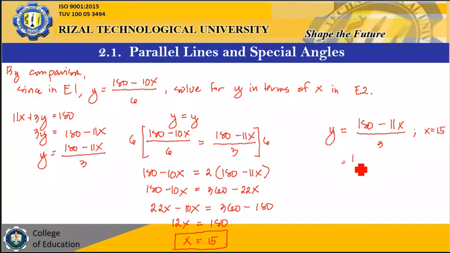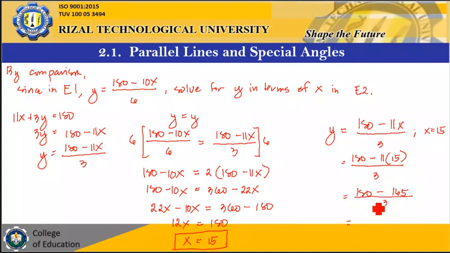Then let's have 180 minus 11 times 15, which is 165, divided by 3.